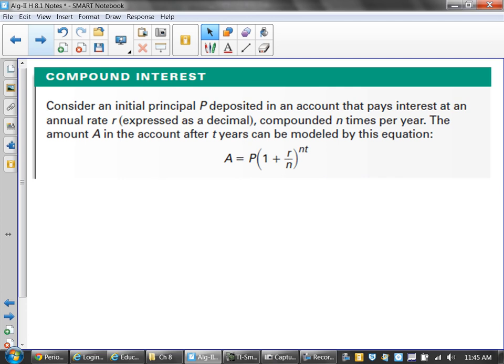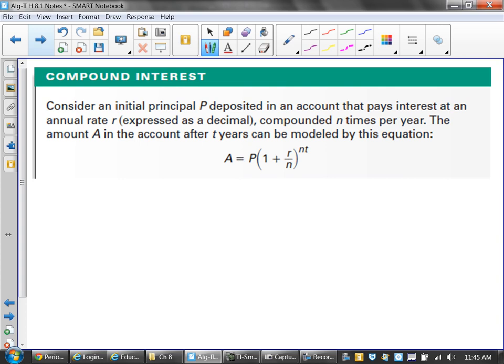again, each one of these things stand for something, and I'll go over all of it with you. Plus your rate over N. What's going on here is that when you open a bank account, the amount of money you hand over to the banker is called your principal.